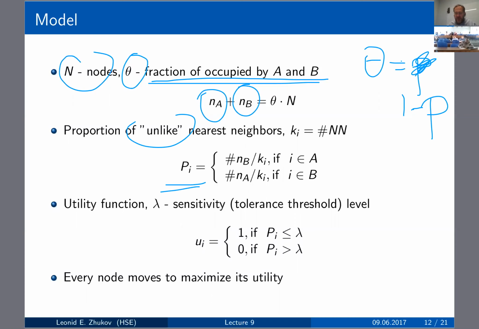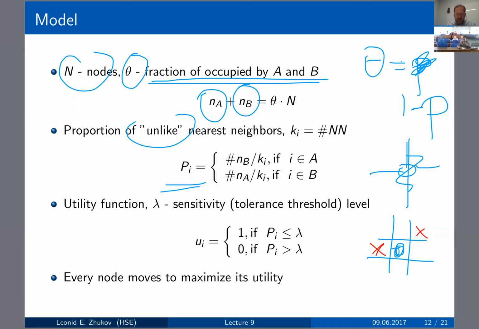So for every node, you just take the... sorry, I'm trying to draw the graph. For every site, you look at the nearest neighbors, and count how many of the nearest neighbors are unlike this guy.